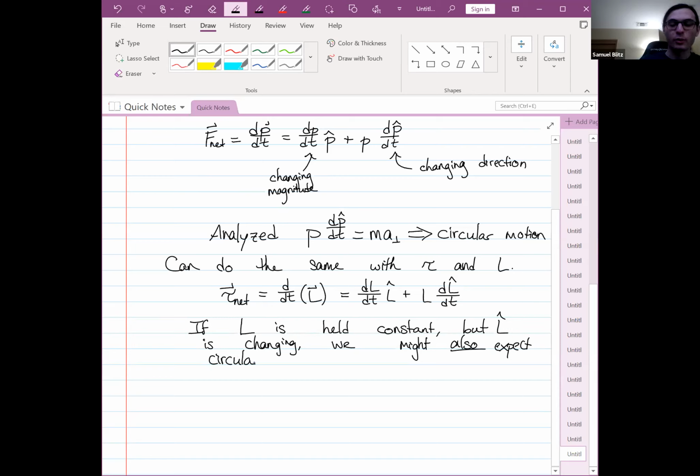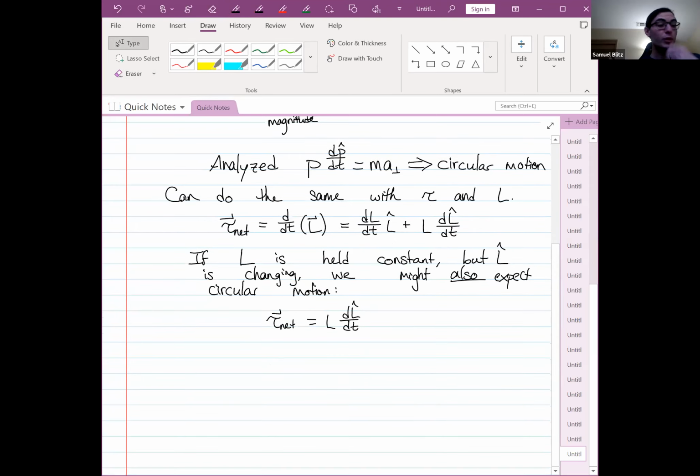Just in the exact same way that we found circular motion in the regular momentum and force case. So in this scenario, we have that the net torque is equal to L times dL hat dt. And that's because the magnitude isn't changing, so dL dt is 0.